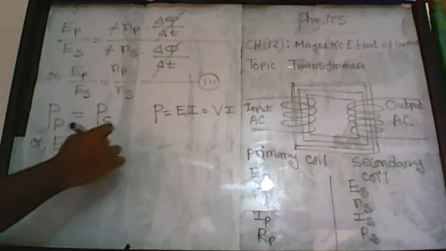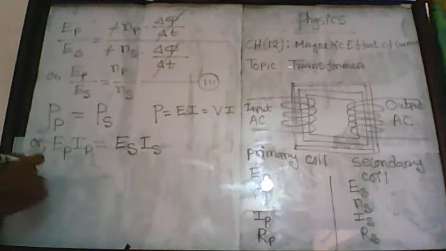So I can say that P_P will equal primary electromotive force with primary current, which will equal, in the secondary part, secondary electromotive force with secondary current.